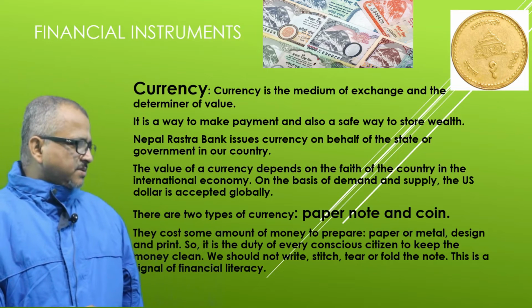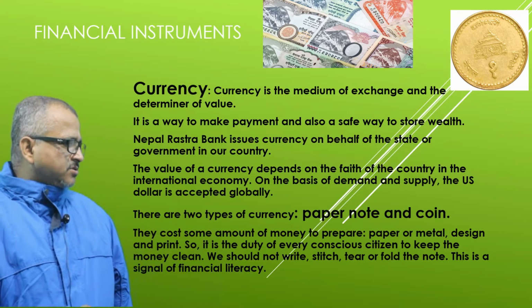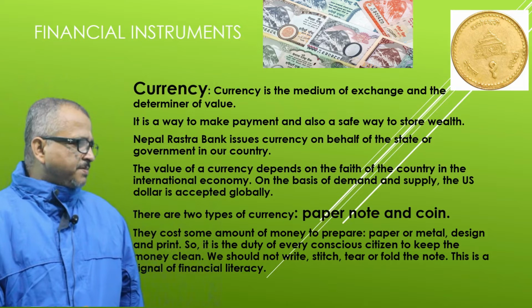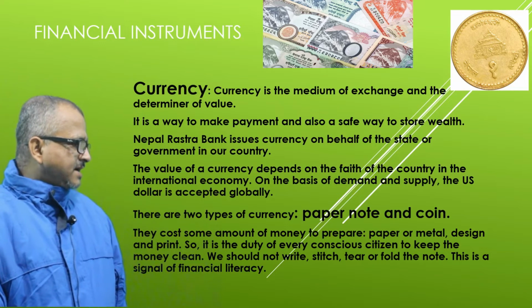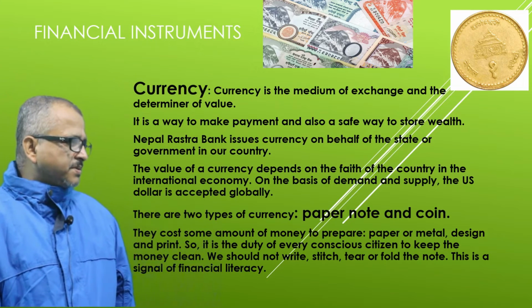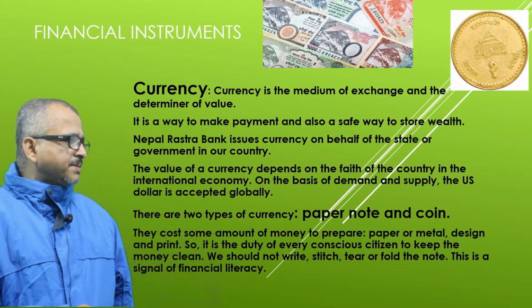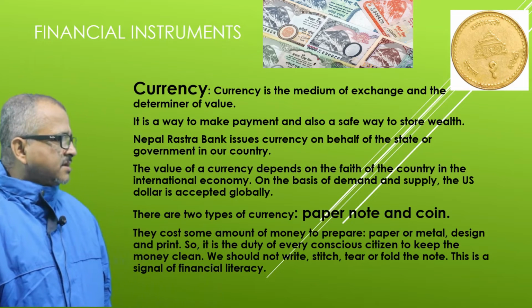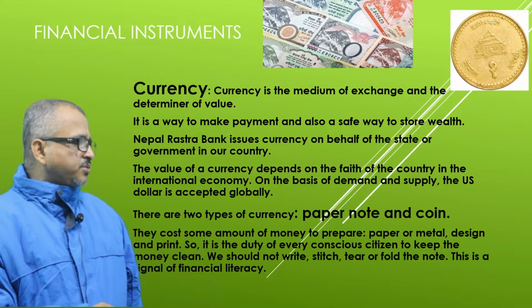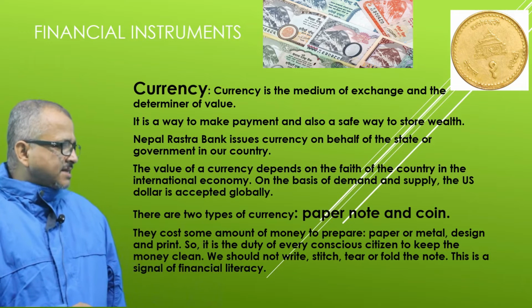The money is prepared from paper or metal, designed and printed. पेपर अथवा मेटल हुन्छ, डिजाइन गरिन्छ वा प्रिन्ट गरिन्छ हैन. यहाँ टेम्पल देख्नु भएको छ तपाईले, यो डिजाइन गरियो अनि प्रिन्ट गरिएको छ सगरमाथाको फोटोसँग.